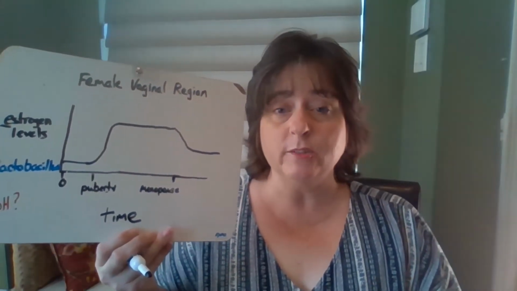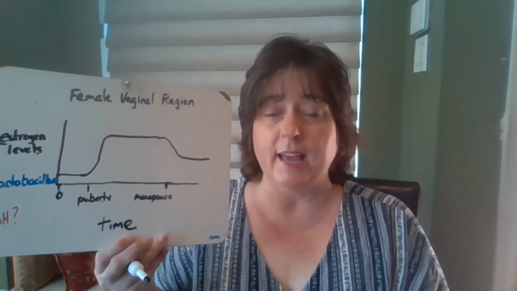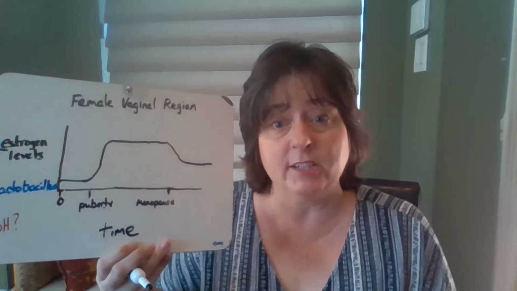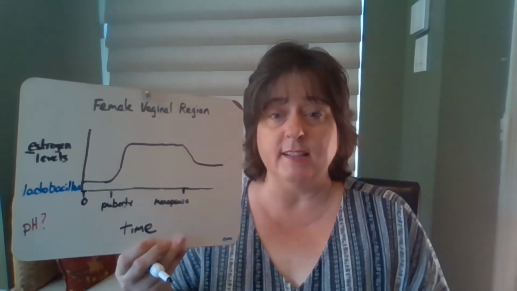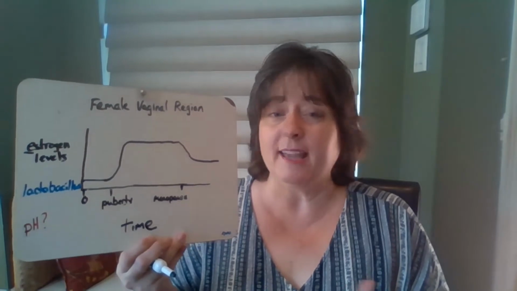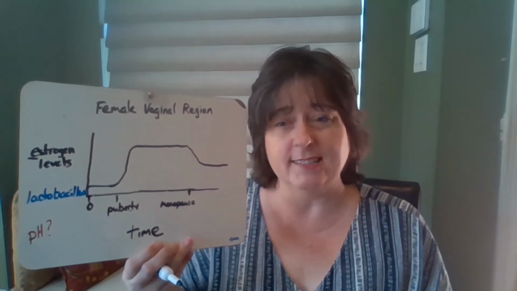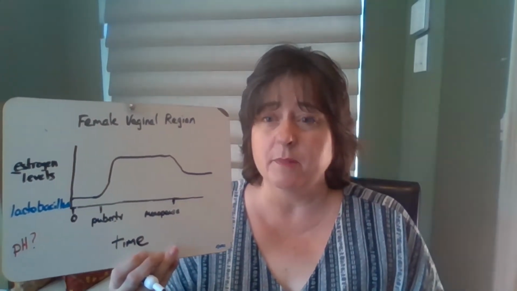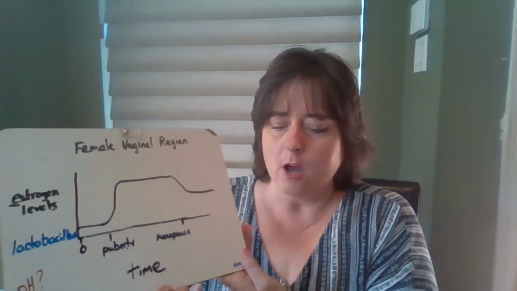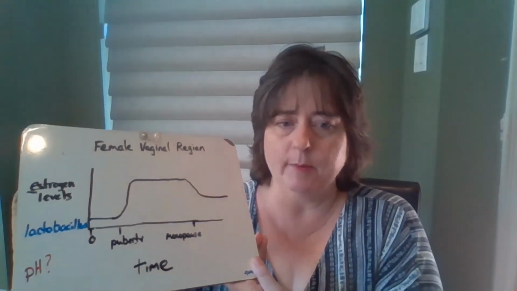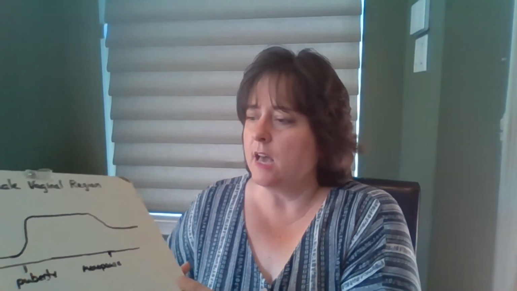All right, so the female vaginal region is open to the outside. Just like in our gut, we have good bacteria living and colonized in that region, and that's okay. We can get pathogens in that region that can cause a disease, but we have a lot of bacteria that are fine, don't cause us any problems. One of those that we find in that area is a bacteria called lactobacillus.